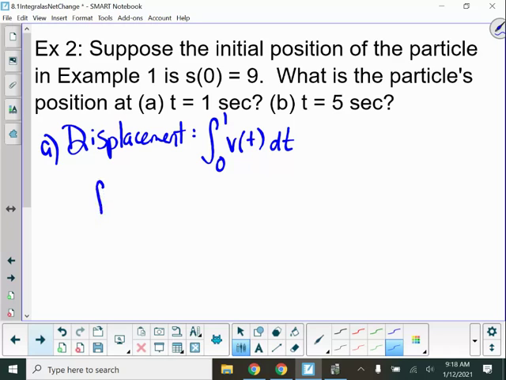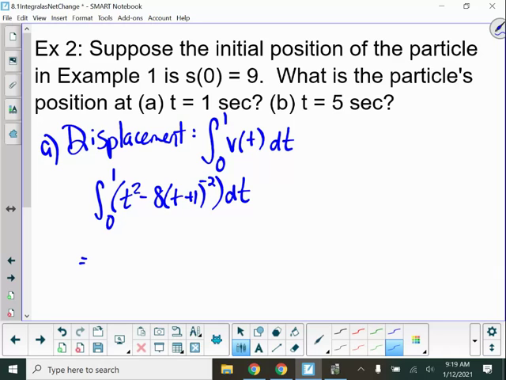So the integral from 0 to 1 of my function t squared minus 8 over t plus 1 squared, and I'm actually going to rewrite this a little bit. Instead of 8 over (t plus 1) squared, I'm going to say minus 8 times (t plus 1) to the -2, dt.